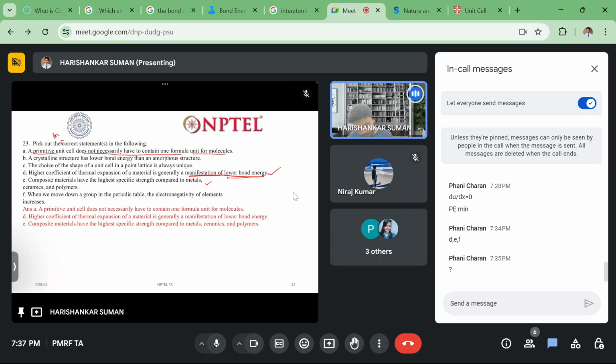For a primitive unit cell, it should be one formula unit or one atom, effective number of atoms one. Okay, and this is higher coefficient of thermal expansion, we have already discussed. Down in the periodic table, the electronegativity of elements increases or decreases?